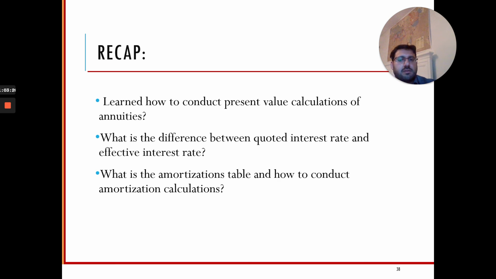And we also discussed the amortization schedule, how to prepare the amortization table, and how to do the amortization calculation. Here we can also see that amortization payments are actually annuity payments, where the borrower has to repay the loan over the life of the loan in equal payments after a fixed interval of time. So it's effectively an annuity, right?